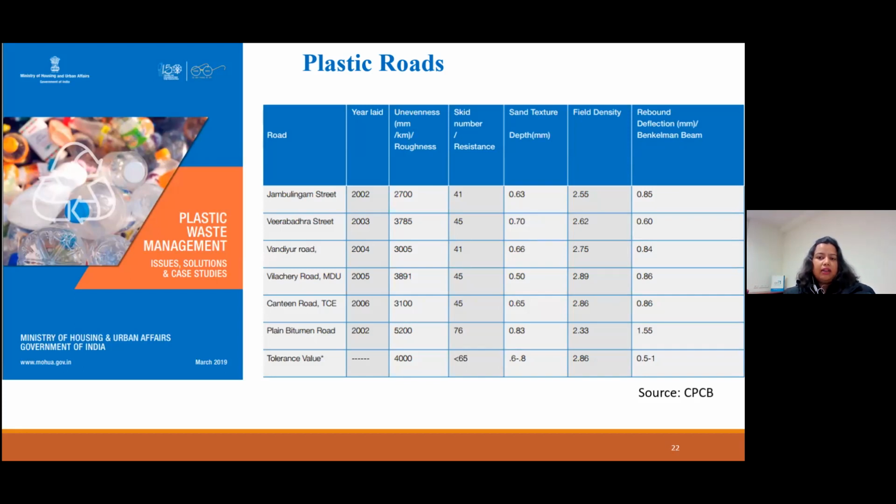But herein comes a new compound, a new molecule, which is plastic. It is very important to understand the properties of these different types of plastics, the types we discussed in the initial 2, 3 slides. They have their own thermal resilience, their own melting points and softening points, and different types of plastic shreddings combine with your bitumen in your mix design.